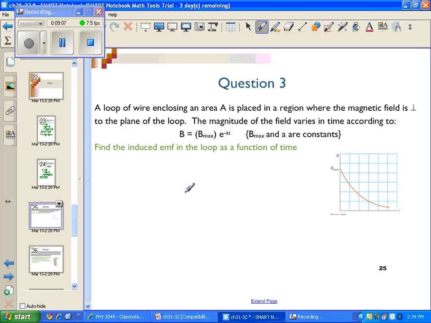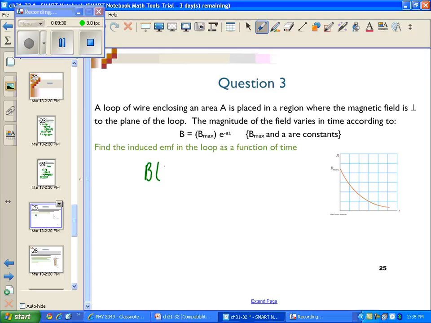Here we are told that there is a loop of wire that makes up an area where there is a magnetic field that is perpendicular to the plane of the loop, meaning parallel to the area normal of the loop. But the magnetic field varies in time according to B as a function of time.